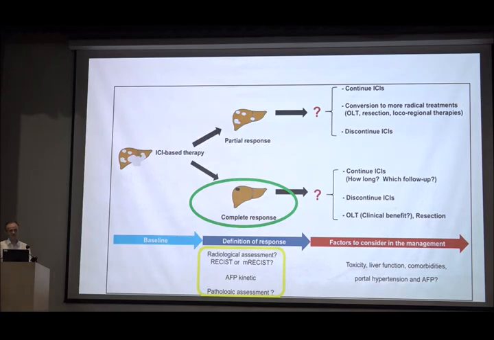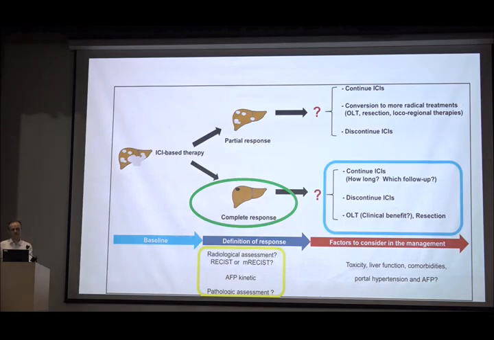If the pathological assessment shows complete necrosis of the tumor, then it is highly likely that this tumor is not going to recur again. But on the other hand, if certain viable cells are still there, then this patient can probably have recurrence of the HCC despite achieving complete response on imaging.